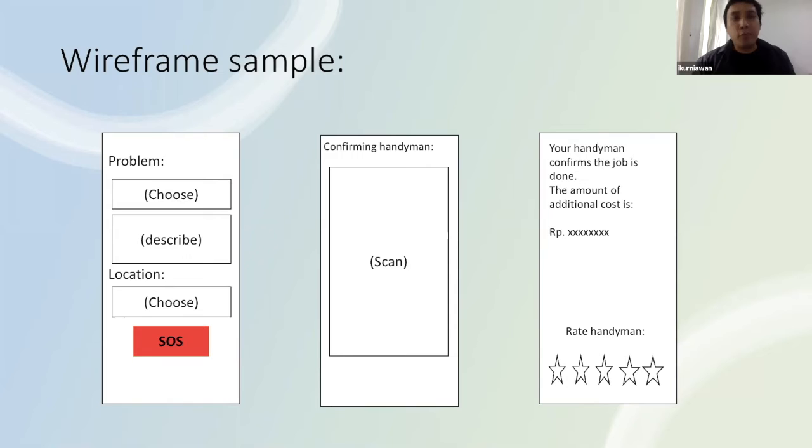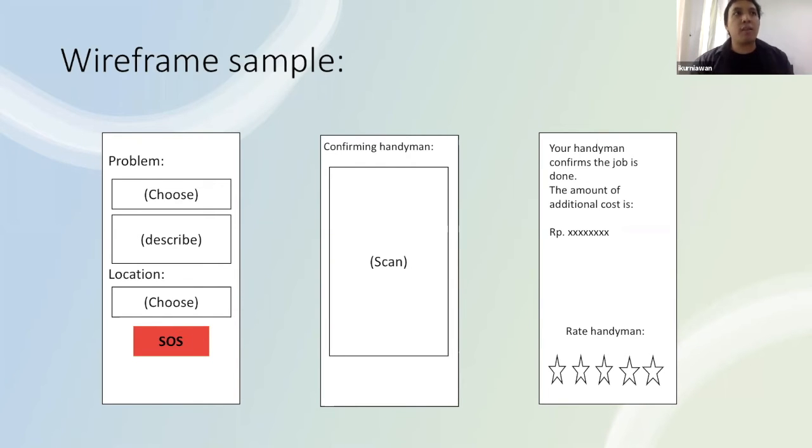The way the app works, this is what you're going to work on right now, is on the first page I need to choose my problem. So this choose means there are some options like broken pipe or electricity issues or wiring or whatever.